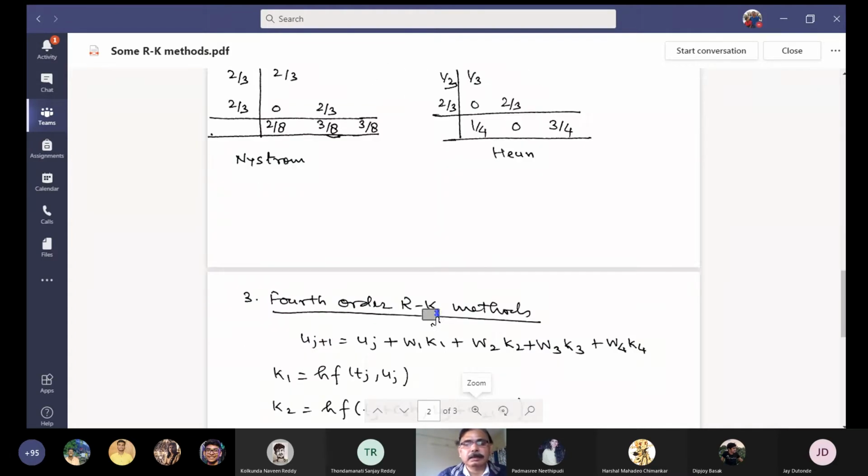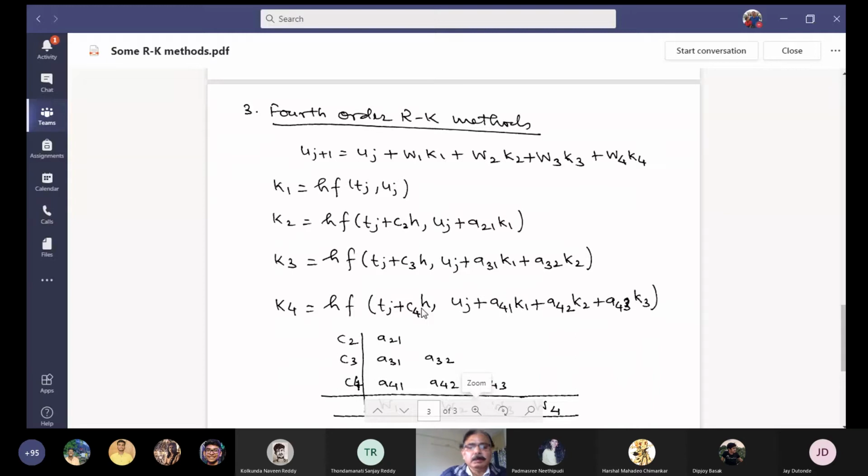And then next is your fourth order method. Fourth order explicit method, I haven't told you before that. As you see, for implicit you have seen that we require only W1 K1, W2 K2, but for the fourth order explicit method we require W1 K1, W2 K2, W3 K3 and W4 K4.